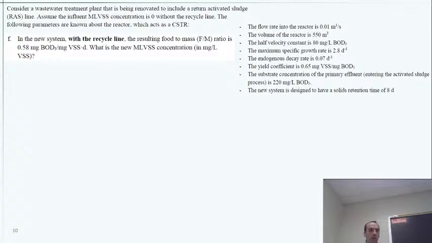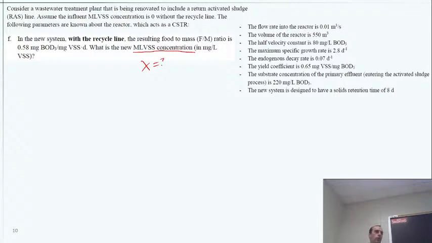Okay, part F says, in the new system with the recycle line, the resulting food to mass ratio is 0.58 milligrams BOD per VSS per day. What is the new MLVSS concentration in milligrams per liter VSS? When it asks this, that's saying what is X?